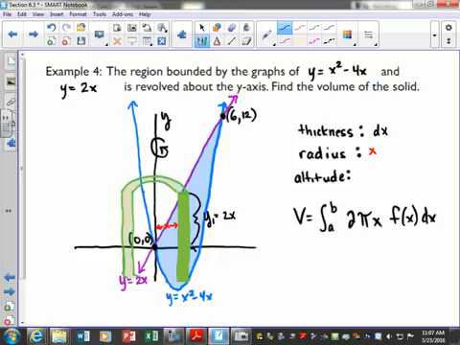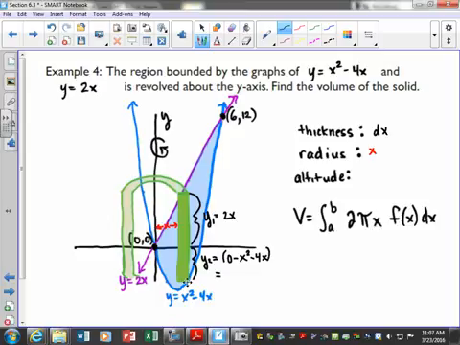Now I also have this part, this height here, which we want to keep in mind, it's below the x-axis. So the way I would get the height of that is if I had 0 and subtracted out this function. Let me call that y2 just for the sake of it. That would be 0 minus my blue function, which is x squared minus 4x.